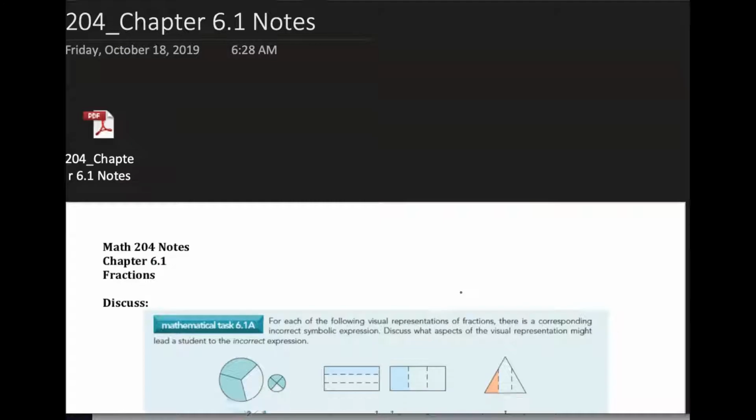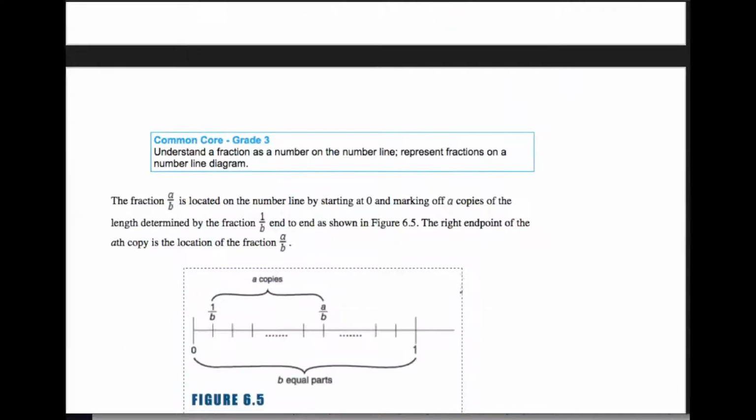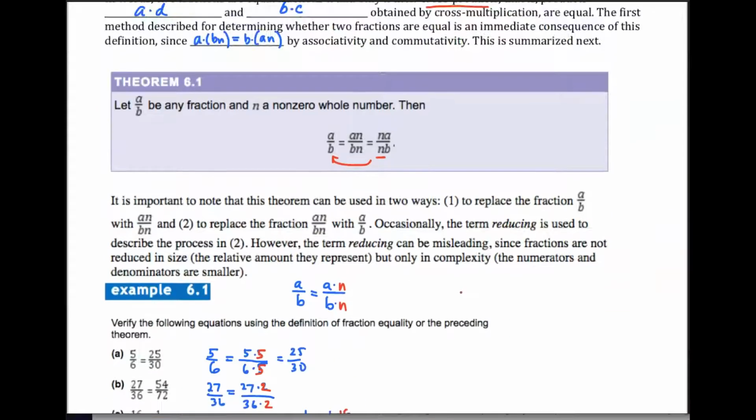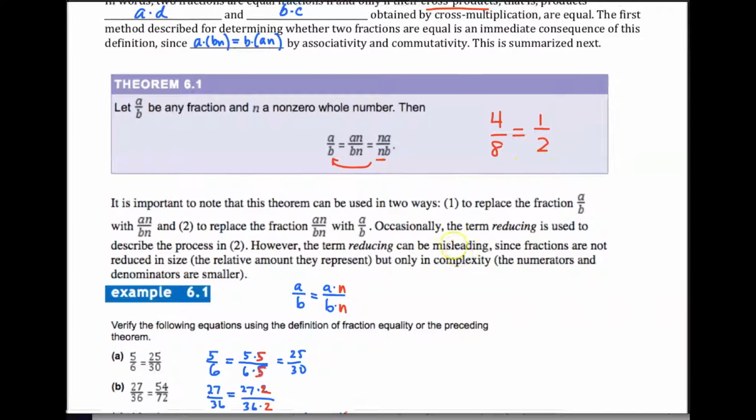I prefer saying simplest form instead of reduced, because reducing gives the idea that the numbers are becoming smaller. So 4/8, some people will say reduces to 1/2. But it's not reducing. They have the same relative size. So really it's in simplest form now.